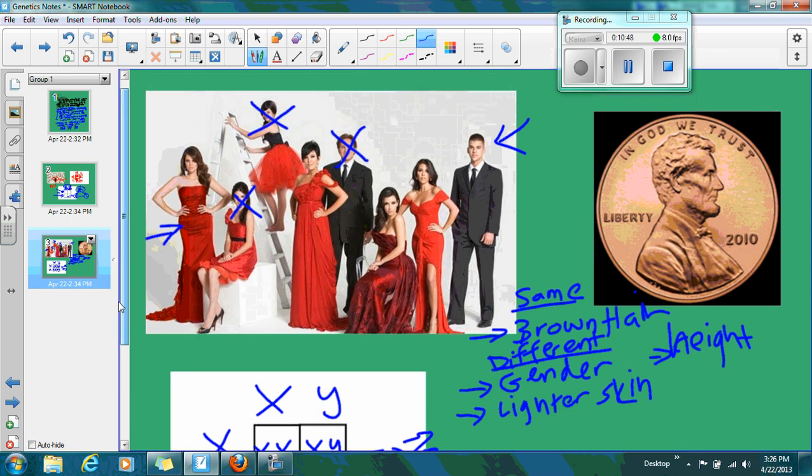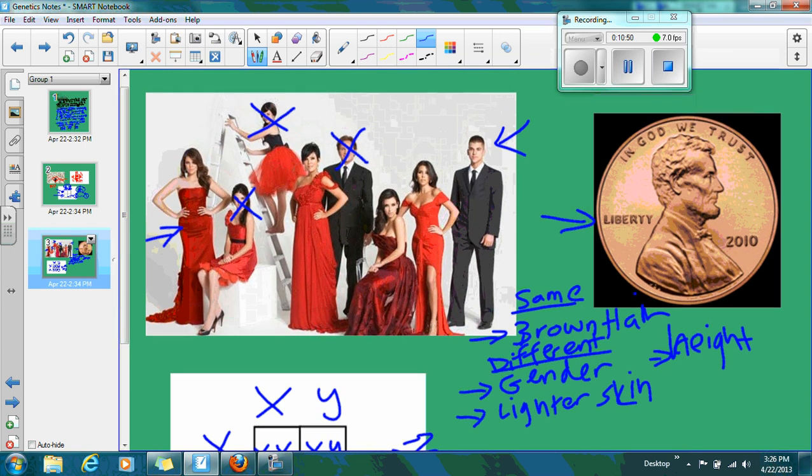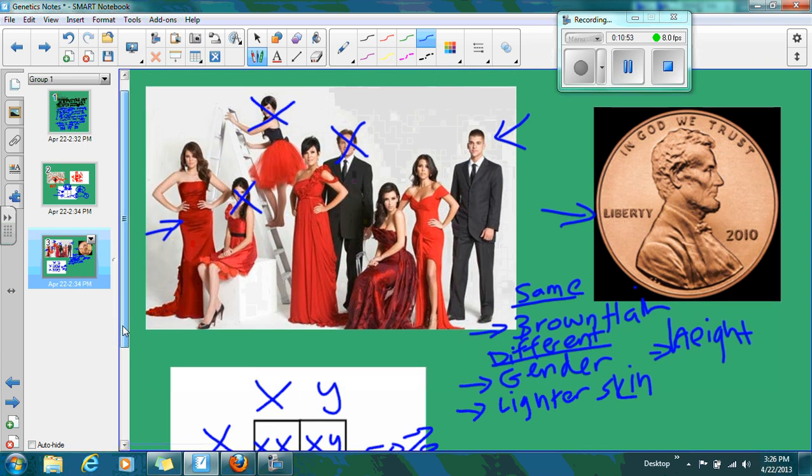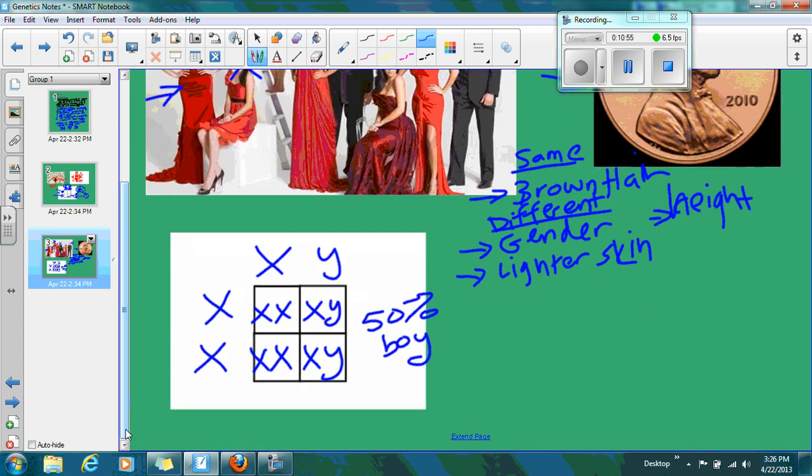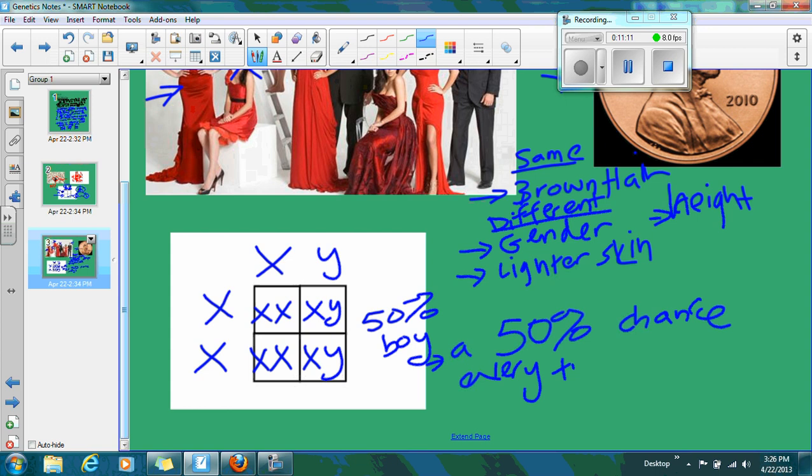That's because if you flip a penny, and you flip a penny 3 times, it's a 50% chance every time. So for example, my friend's parents had 5 boys.